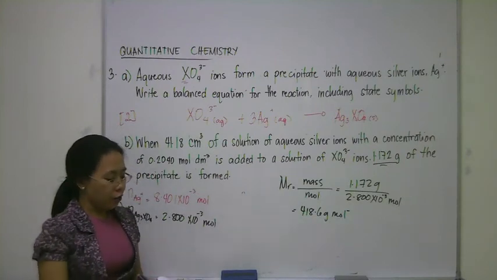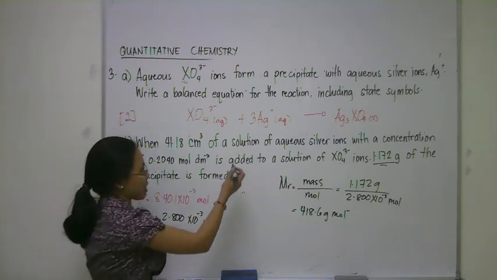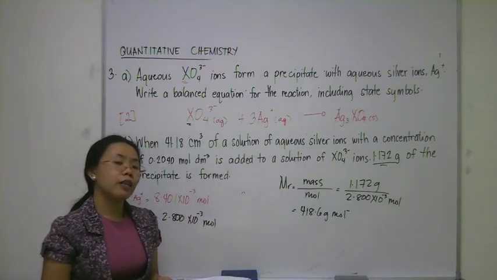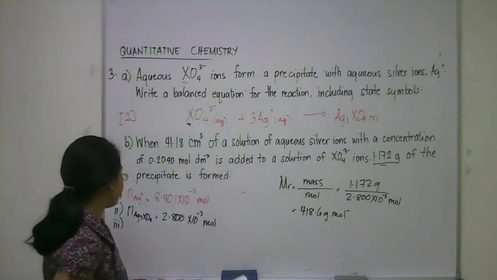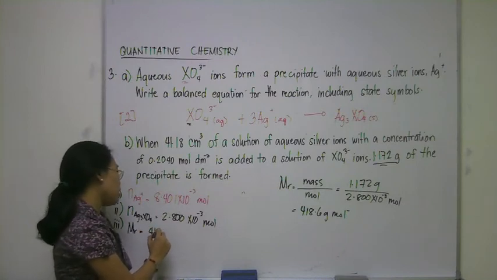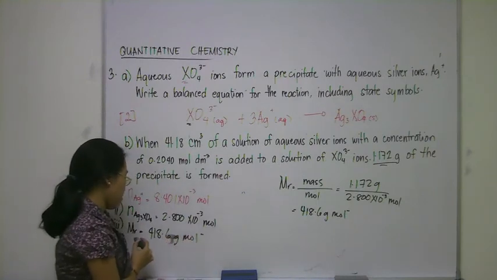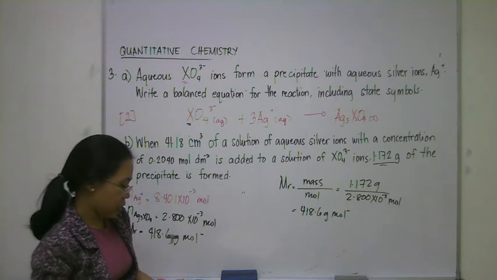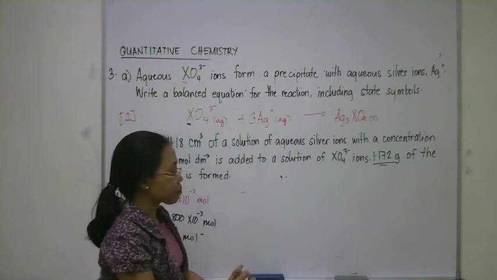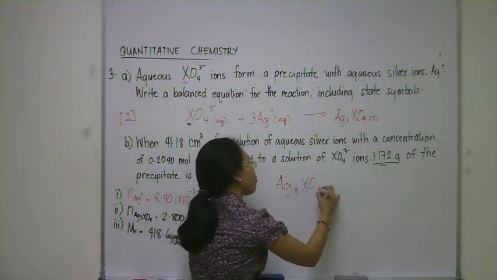Okay, for the last question, you were asked to determine the relative atomic mass of X. You need to find the AR of X, like what we did earlier. Since we have the MR of your precipitate, we can actually calculate the AR of X. So let's see, for example, Ag3XO4.